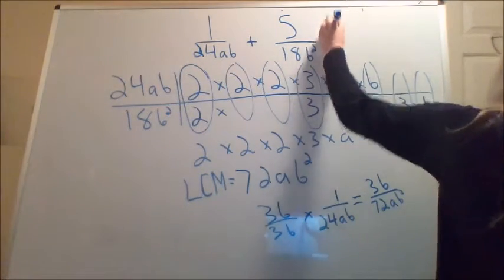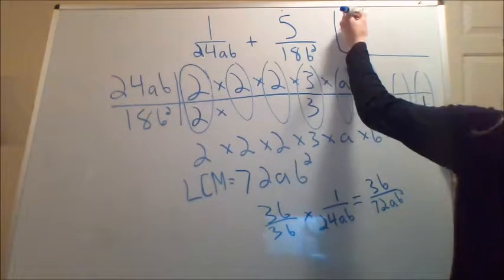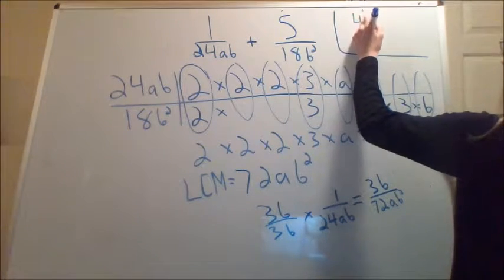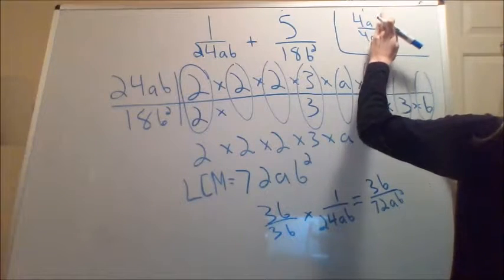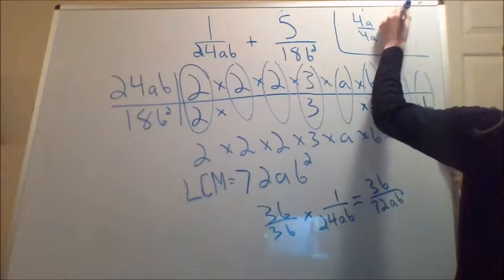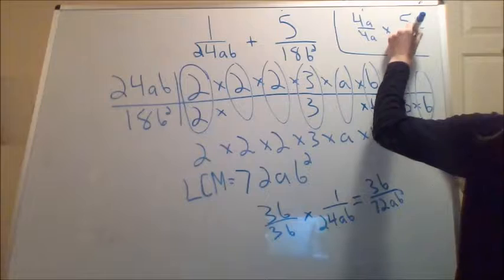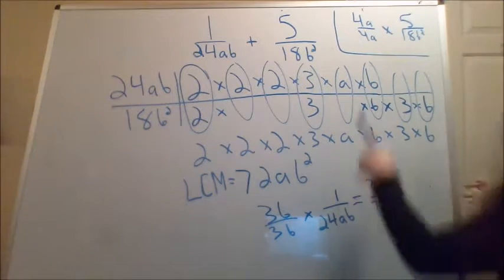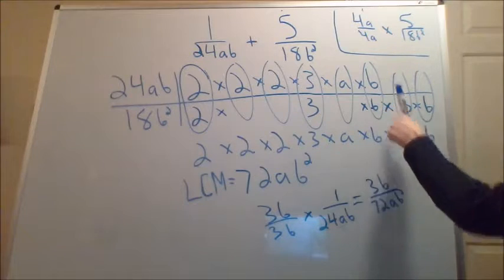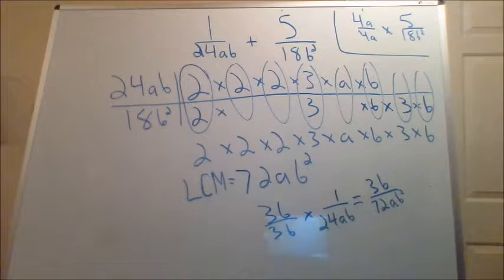So if we can find a bit of room here, 4a divided by 4a times 5 divided by 18b squared. And that's going to give us 20a divided by 72ab squared.